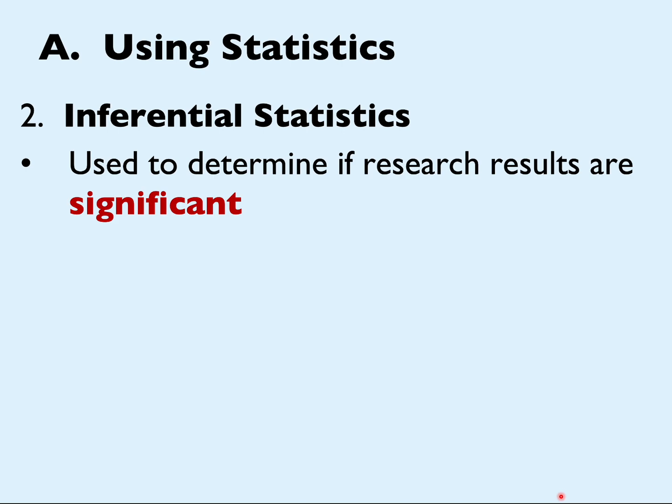What do we mean by significant? Significance in this case is a technical term. It doesn't mean a lot. It's not like the everyday use of significant. If you read that the results are significant, that doesn't mean the results are important. No, it doesn't mean that at all.